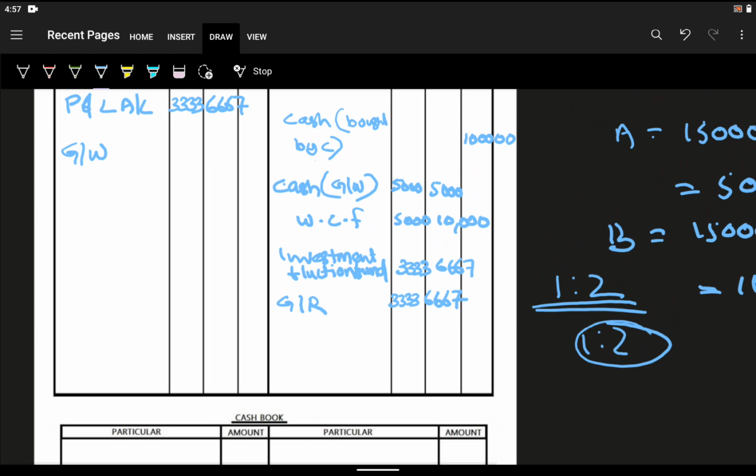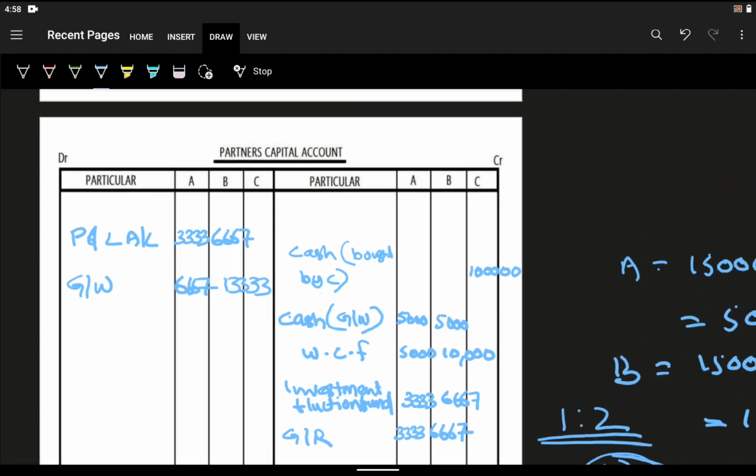It will be 6,667 for A and 13,333 for B. Okay, so we adjusted goodwill, investment fluctuation fund, workman compensation fund, general reserve, everything we adjusted. So almost everything is finished in the partners' capital account.